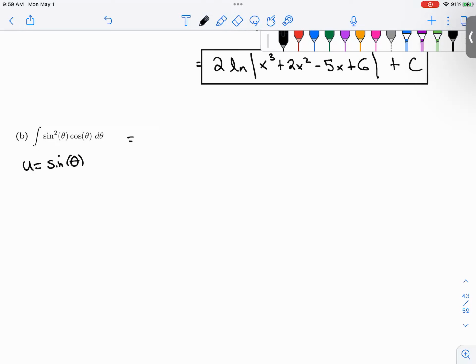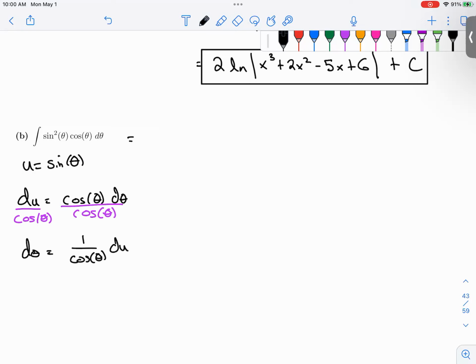That is okay. But anyways, u is equal to sine theta, which means that du is equal to cosine theta d theta. Dividing both sides by cosine theta allows us to get that d theta is equal to 1 over cosine theta du. You can put the du on top. It's not wrong. I just like to make sure that it's separate because it's not really part of the integrand.